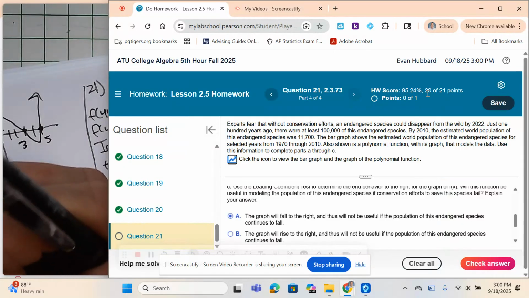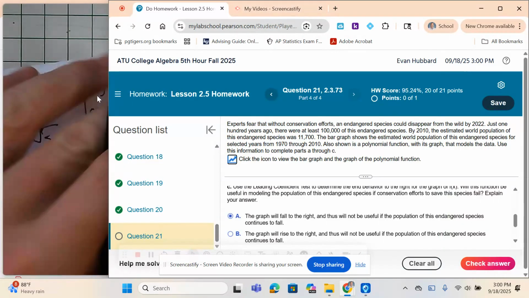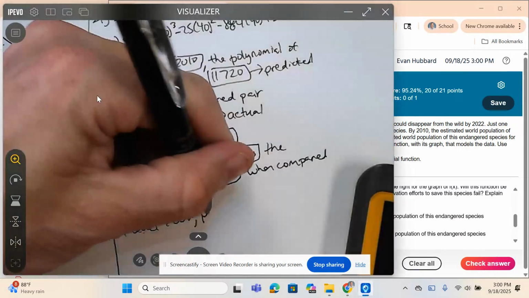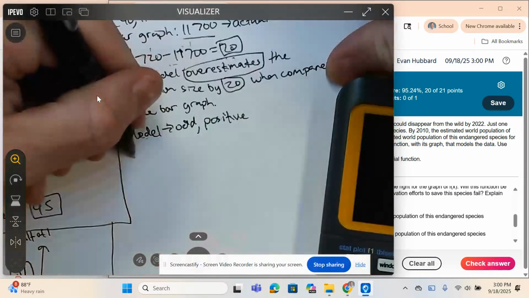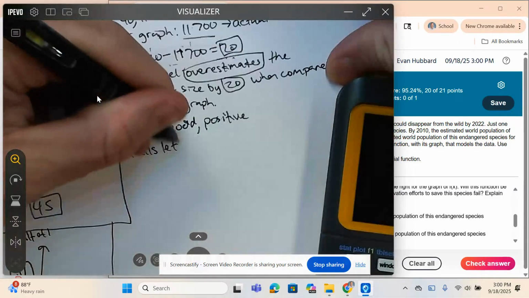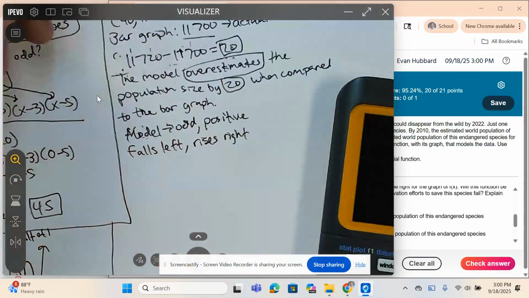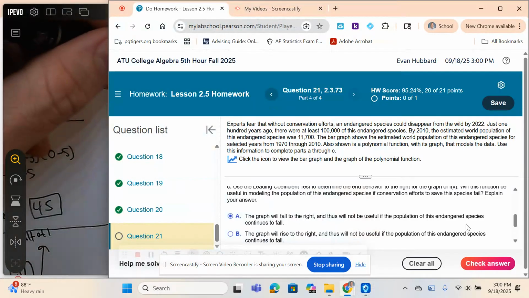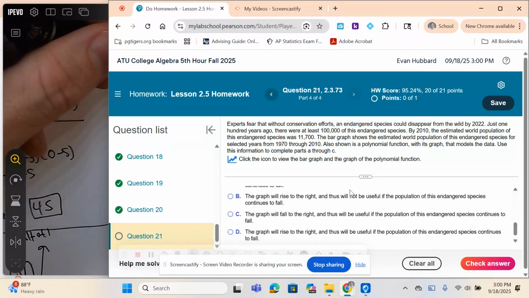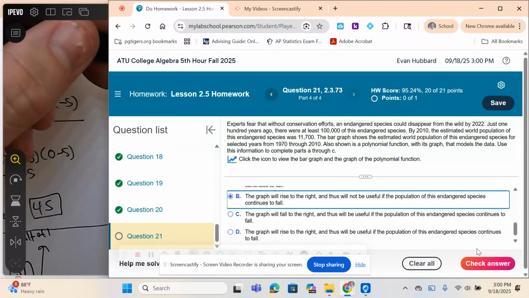If it's an odd positive, it falls to the left and rises to the right. So it's going to rise to the right, and it's not going to be useful, because as it's rising, the endangered species should be getting smaller, so it's not going to be useful.